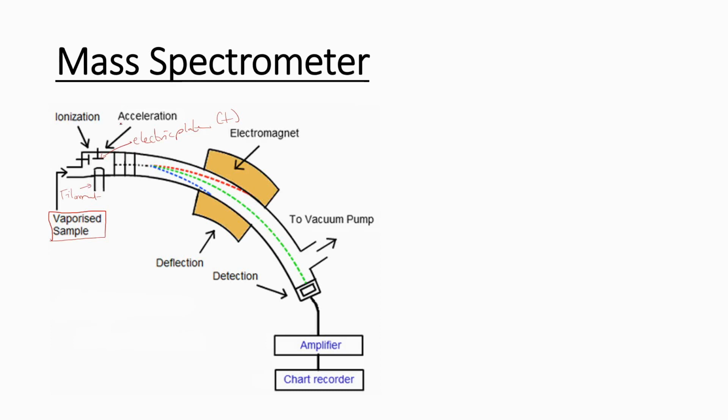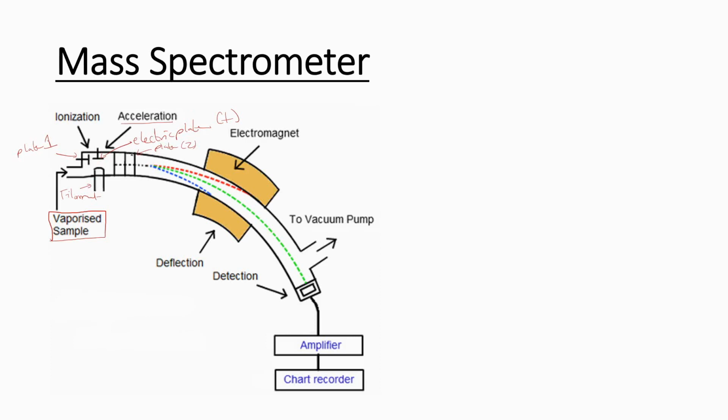We then have acceleration, and in acceleration you can see that we have a plate here. This is plate 1, and then we also have plate 2, and there's a couple of them. So if you have a sample which is positively charged because it's been ionized and it's lost an electron, then that positively charged sample needs to be attracted towards a plate of the opposite charge.